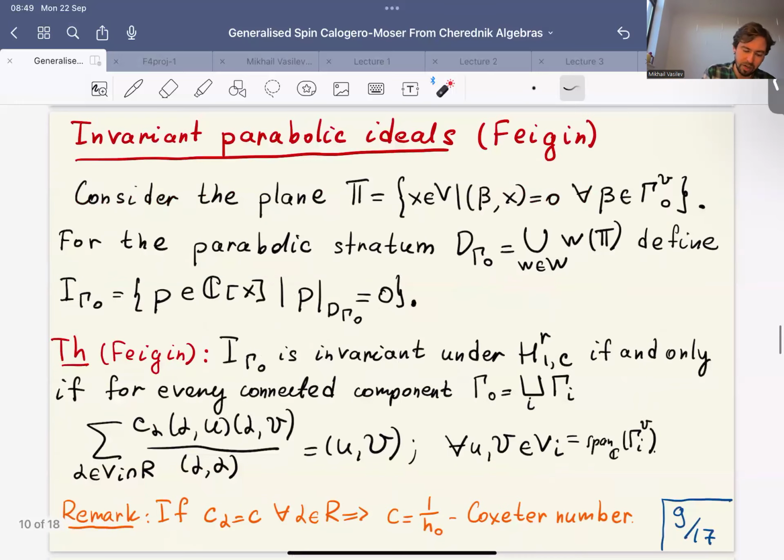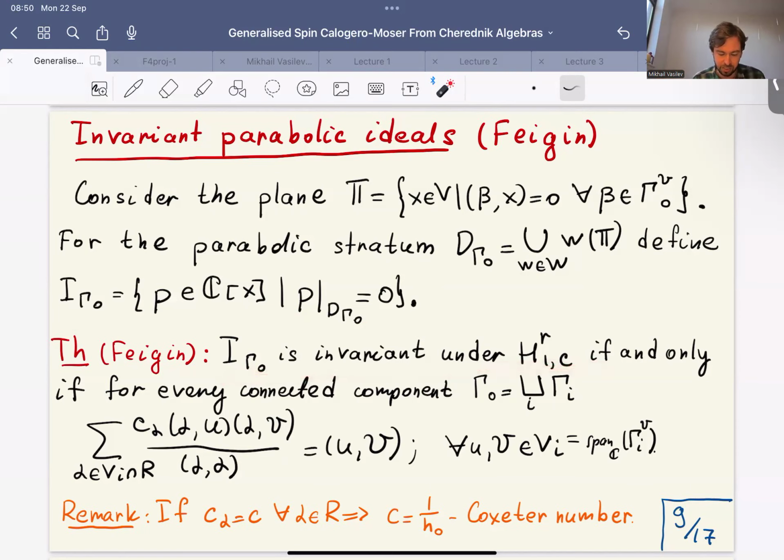Invariant parabolic ideals were studied by Misha Feigin, who proved a theorem about when these objects are really invariant under the action of the Cherednik algebra. We take the plane defined to be orthogonal to all the roots in this subgraph. Then we rotate it with the Weyl group, take the union, and obtain a union of planes. We take the ideal of all the polynomials vanishing on this union of planes. This is the definition of an invariant parabolic ideal.